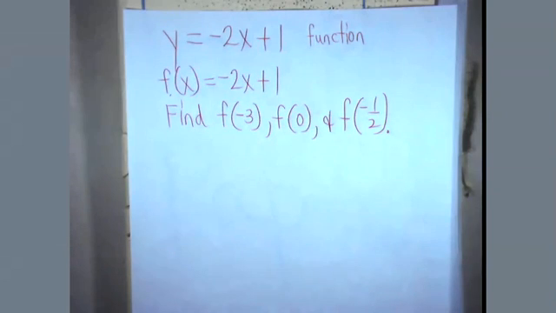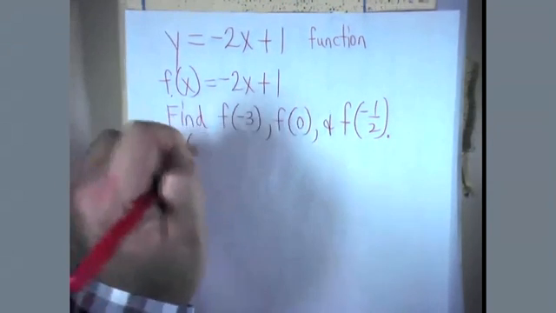All right, given this function, f of x equal to negative 2x plus 1, we want to find these three values, f of negative 3, f of 0, and f of negative 1/2. So write down your function again.